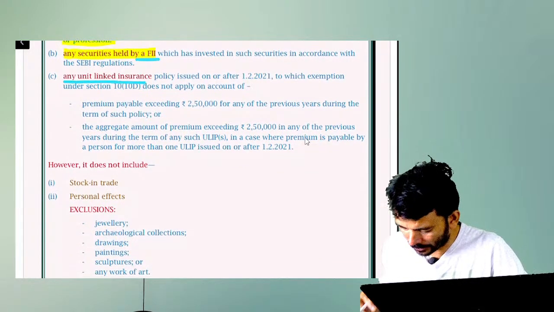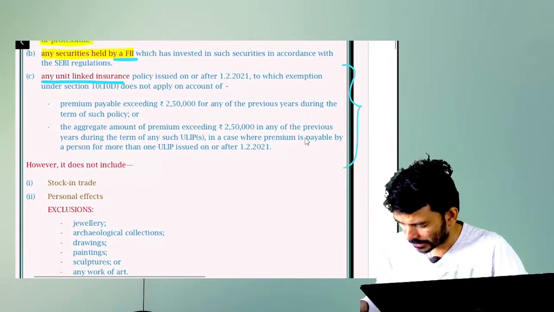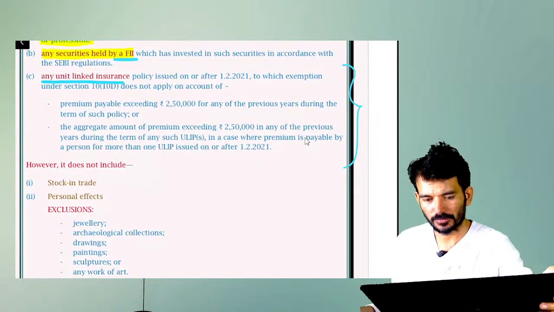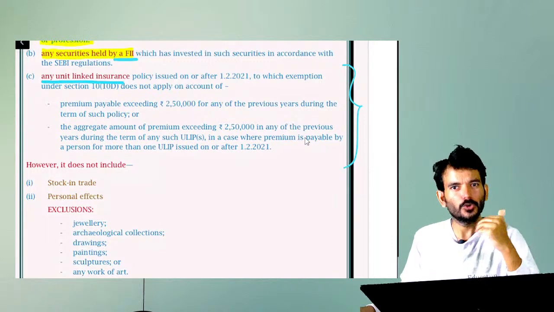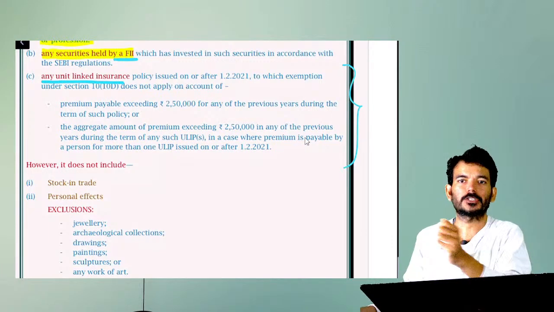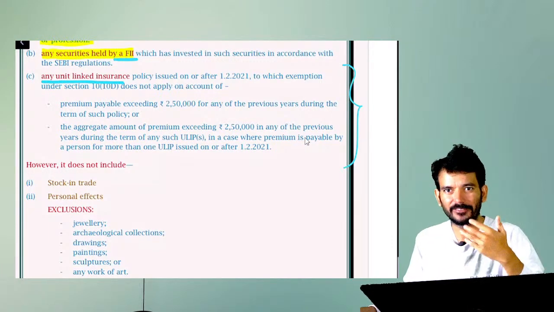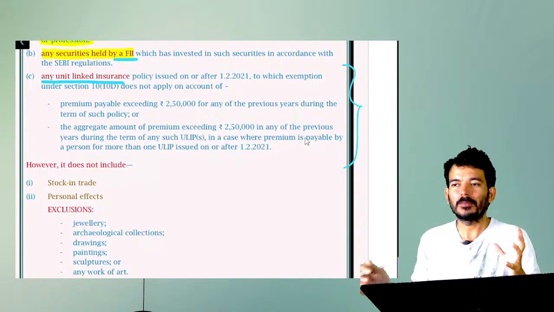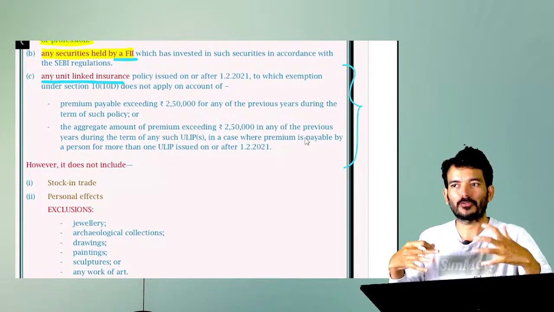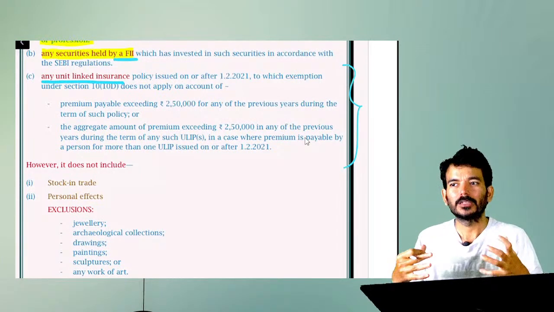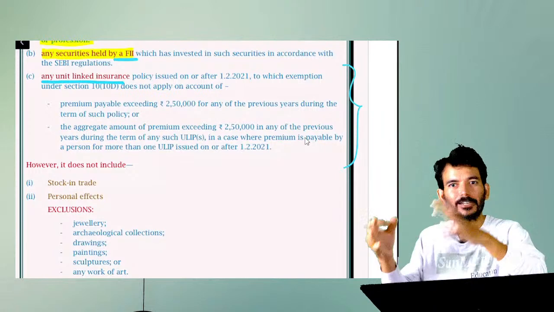Then unit linked insurance. This is an amendment, guys. Whoever is watching, just pay attention here. Earlier, ULIPs, unit linked insurance policies, used to be exempt everywhere, but the government thought, why should we give exemption to everyone? People who have a lot of cash, profits, income are also putting money into ULIPs.